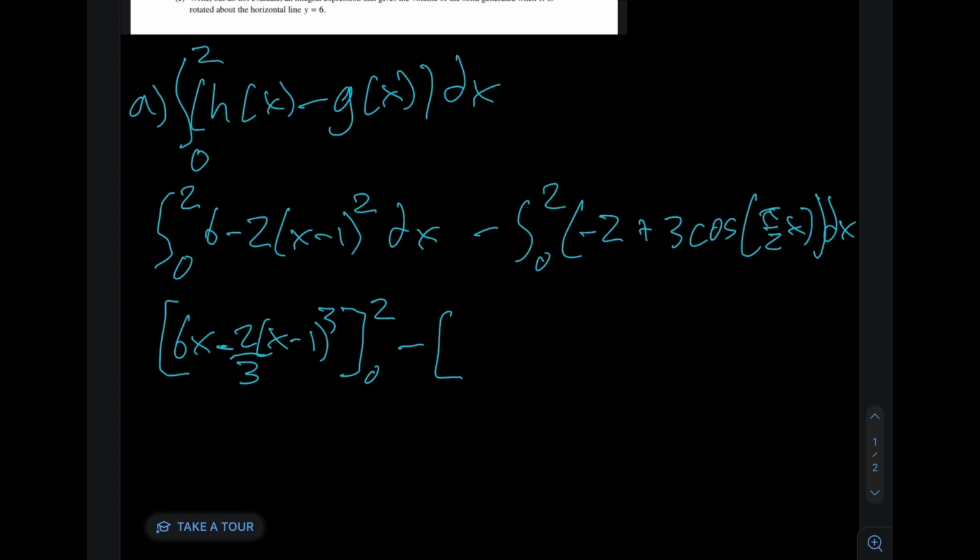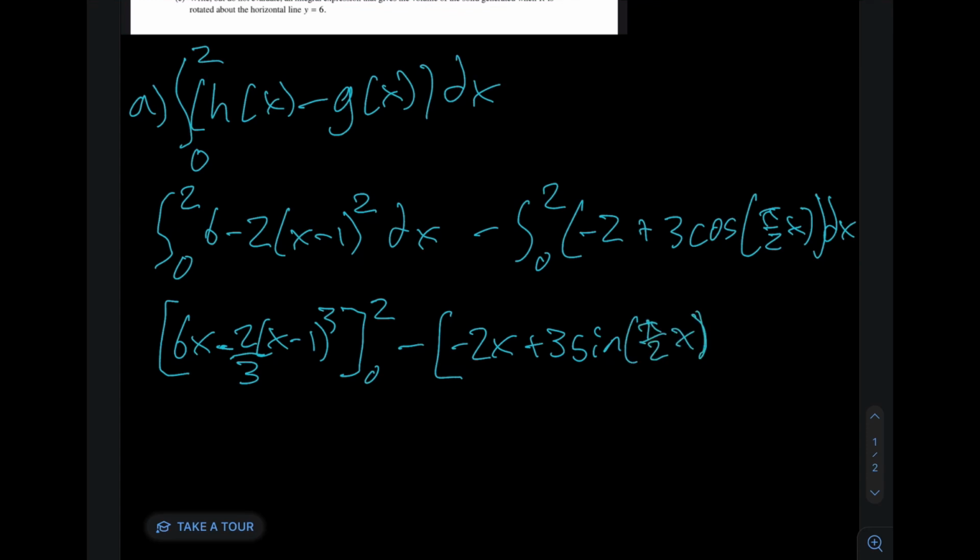The integral of -2 is going to be -2x plus 3. Now, again, the derivative to get to cosine is obviously going to be sine. So you're going to have sine of pi over 2x.